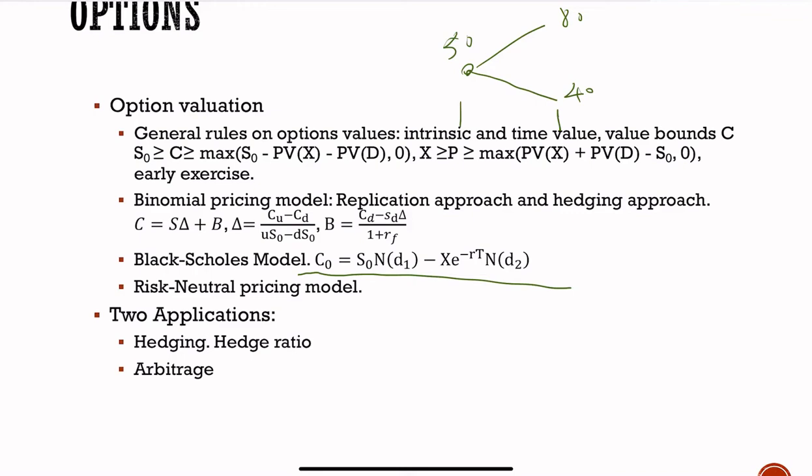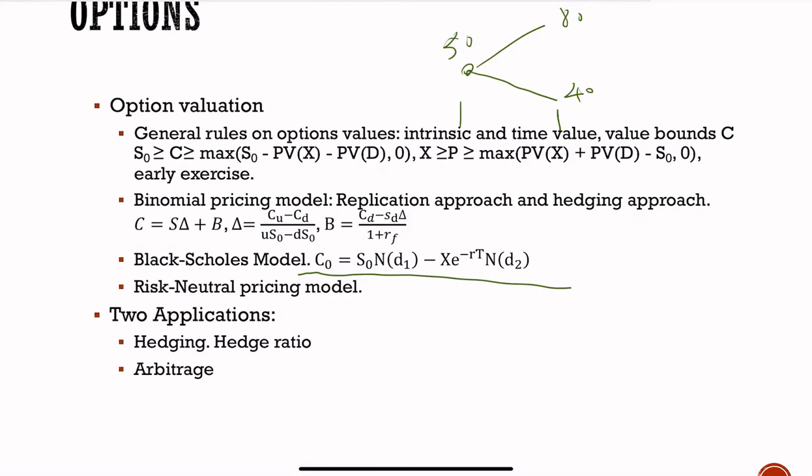For all these option valuations, we have generally two applications. The first is about hedging, right? The first step to solve a hedging problem is to calculate the hedging ratio. To put it simply, hedging ratio is a ratio of value changes between one asset versus another asset.